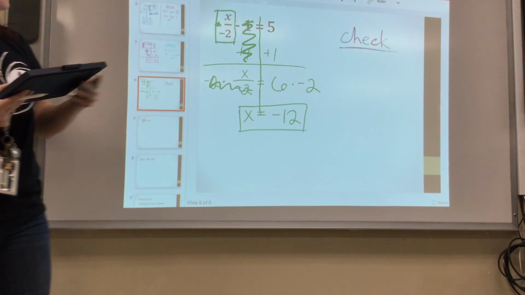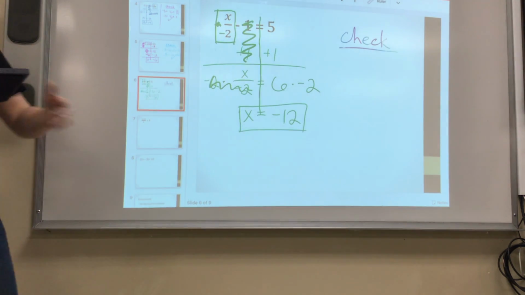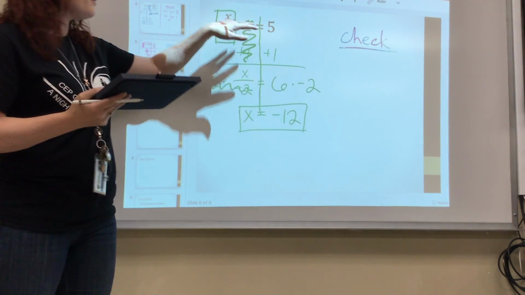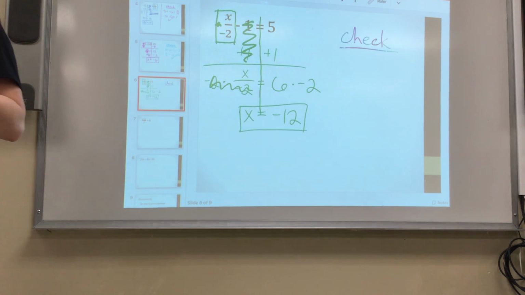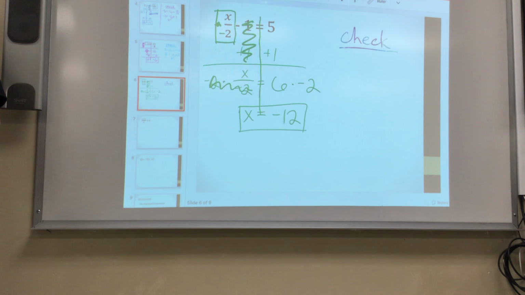Okay, I will. Okay, for the check, somebody fill in -12 into that equation for me so I know what to check. Carolyn. 12 over 2, just put the 12? Yeah, just put the negative. But if they're both negative, what happens? They're positive.